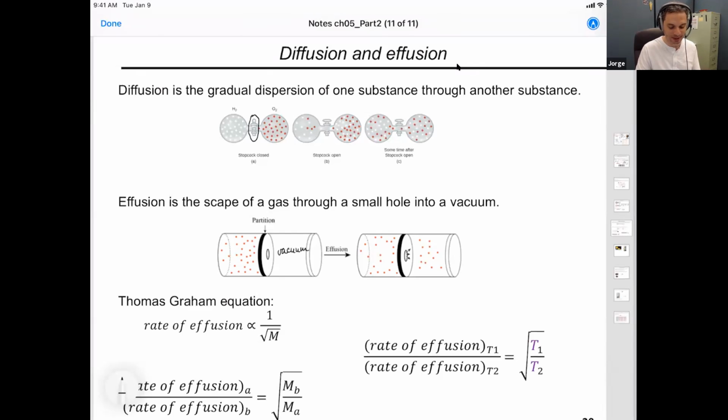When the gas escapes from the left to the right through the small hole, that's called effusion. Okay, effusion is a very particular case. Remember, the difference between diffusion and effusion is that diffusion is a gas mixing with another gas, and effusion is a gas going into a vacuum through a small hole.